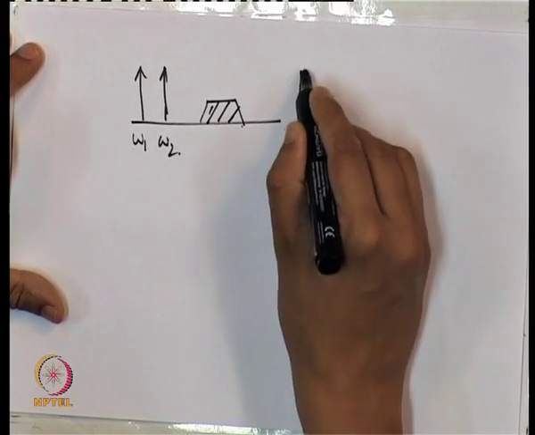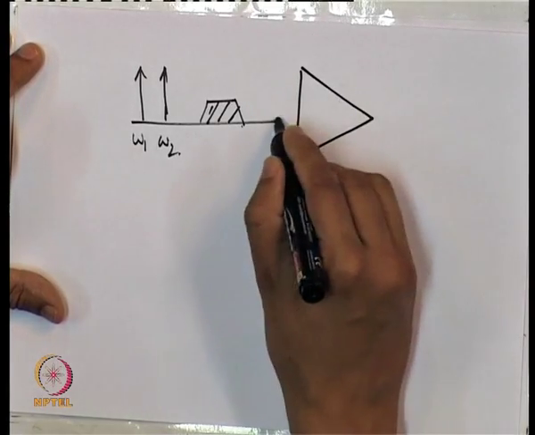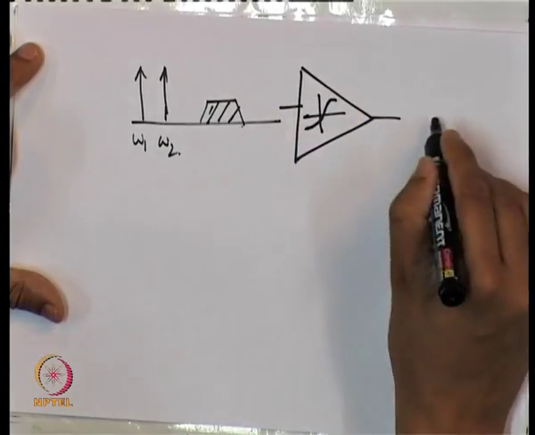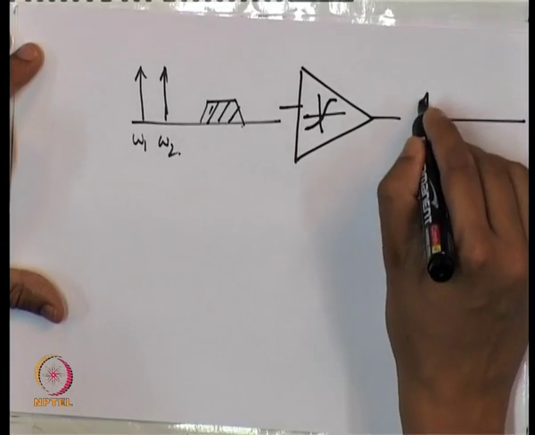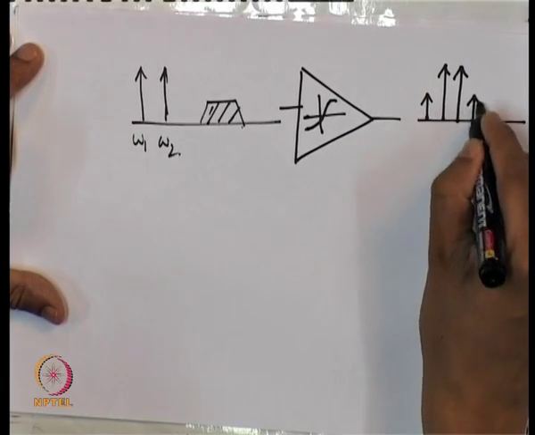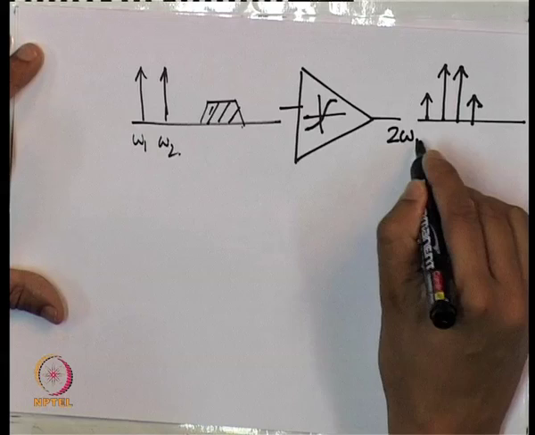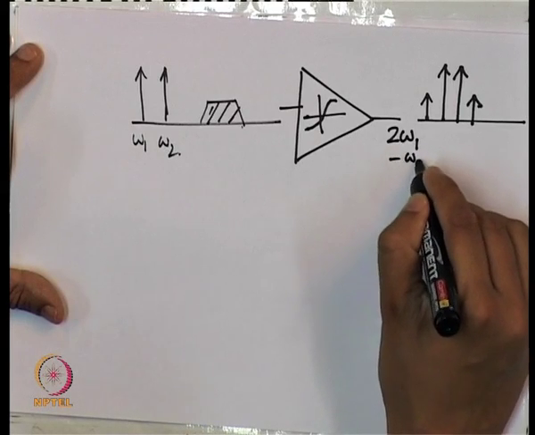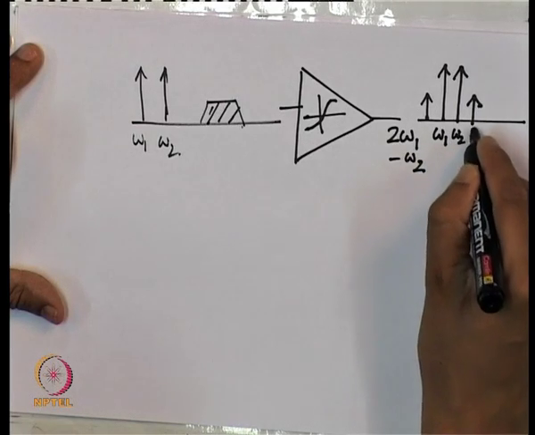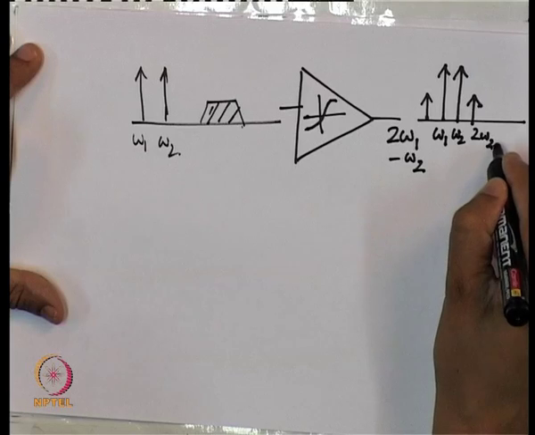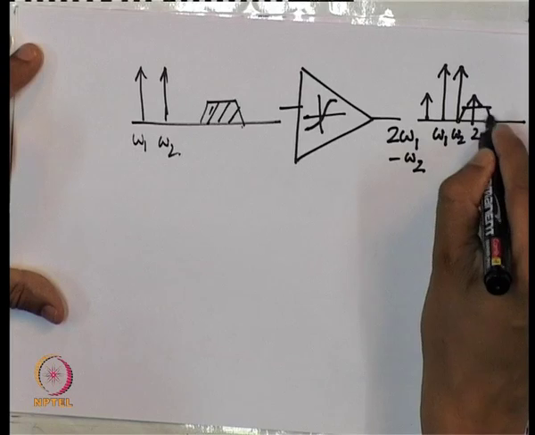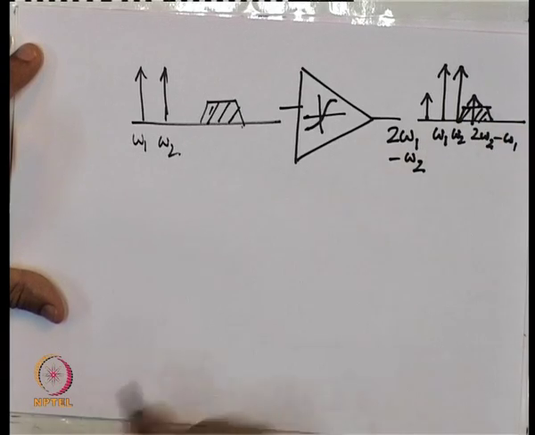Now after passing through this amplifier, we will get outputs like this. But now this interferer will occupy our desired channel.